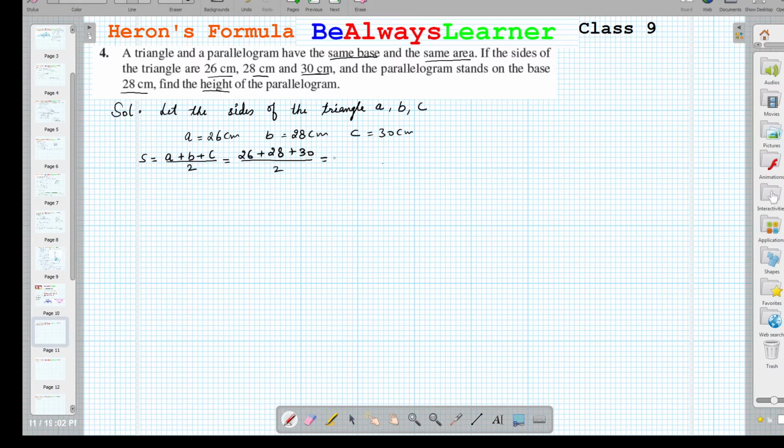When we add all these, this will come 84. Divide by 2, that will come 42 centimeters.